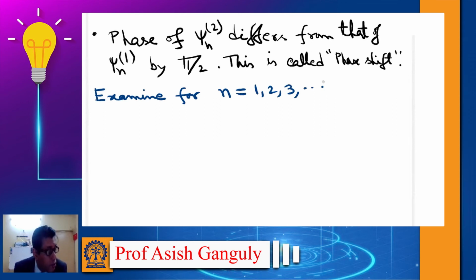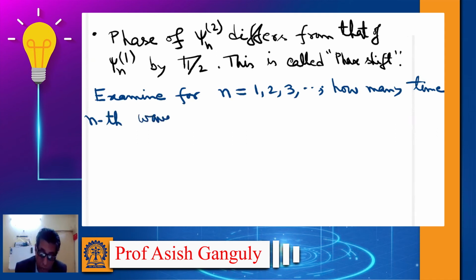What we want to examine is how many times the nth wave crosses the equilibrium position.